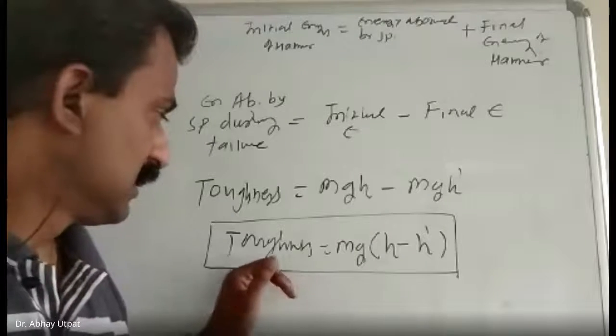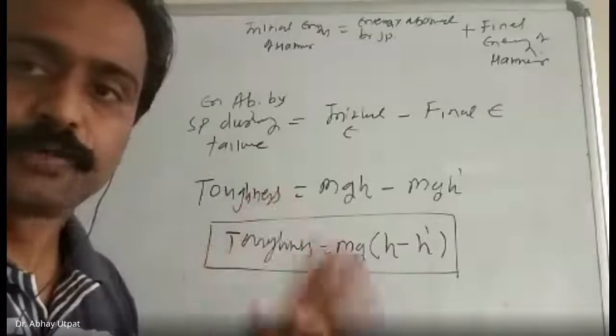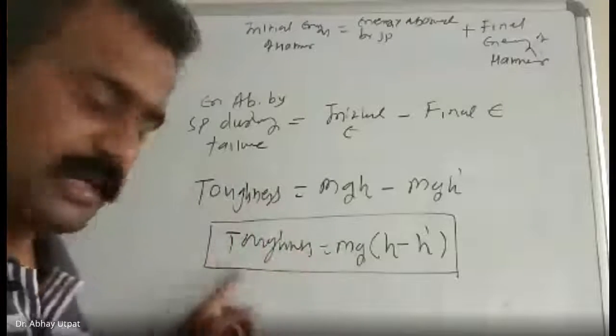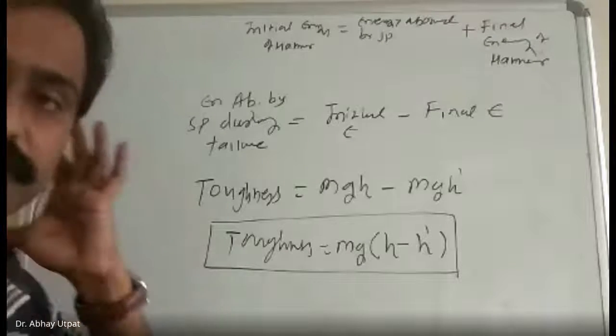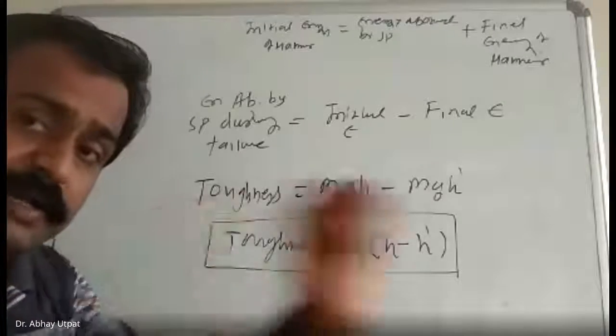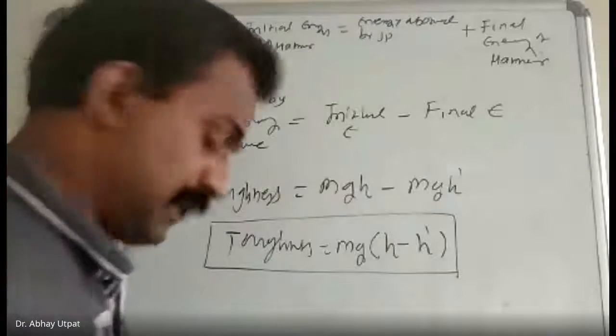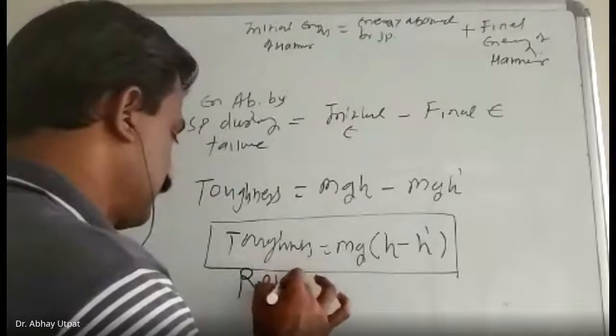This is the measurement of toughness, energy absorbed prior to fracture. You can make a star mark and write: impact test is used for measuring the toughness. And it is a relative toughness. Make a double underline: relative toughness. Because true toughness is measured by the tensile test.